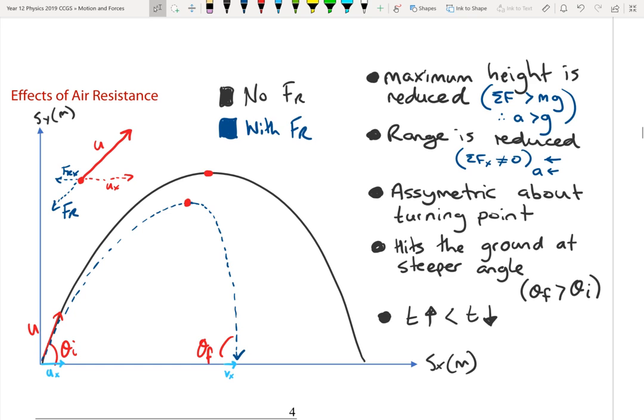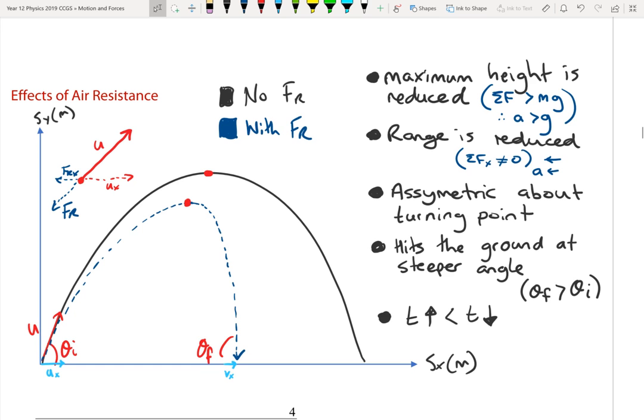If you're accelerating at a greater rate, it'll take less time to get to v equals 0. On the way down, the opposite occurs. Air resistance acts upwards. Your acceleration is less than gravity, and so the rate of re-acceleration is less, and it would take a longer time to accelerate back down the same distance, same displacement.